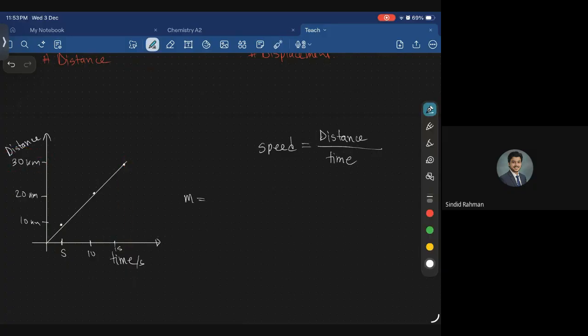I denote gradient with m, so my rise by run, and the rise was 30 kilometer, and the run was 15 seconds, right? That is huge speed. I have traveled 30 kilometer in 15 seconds. It's scary.